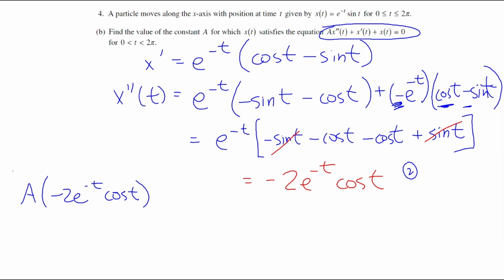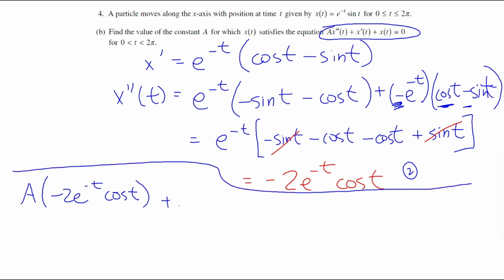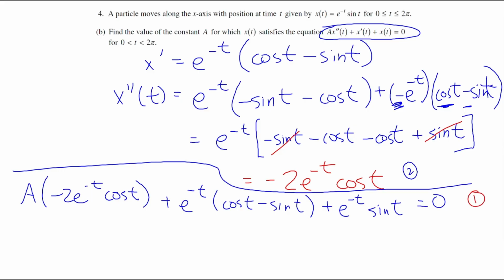And then we're going to have plus x prime, so plus e to the negative t times cosine t minus sine t. And then we're going to have plus x of t, which was plus e to the negative t sine of t, and we want that to equal 0. And they give you another point just for plugging that in.